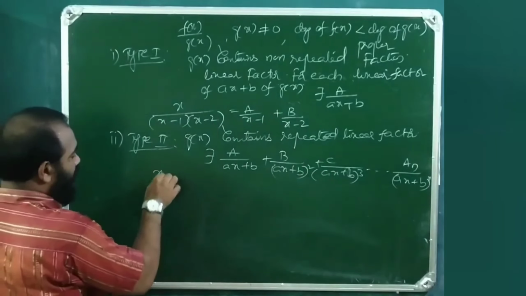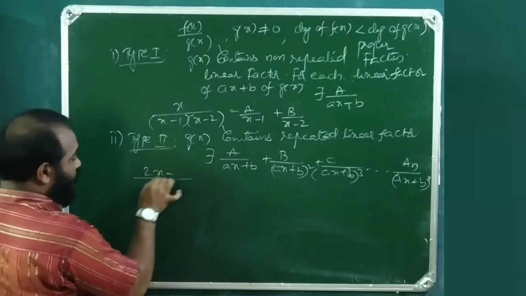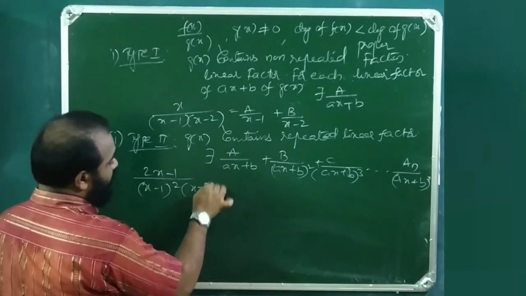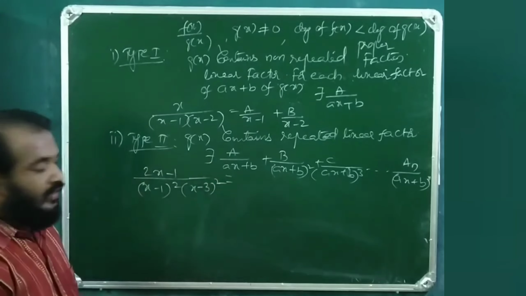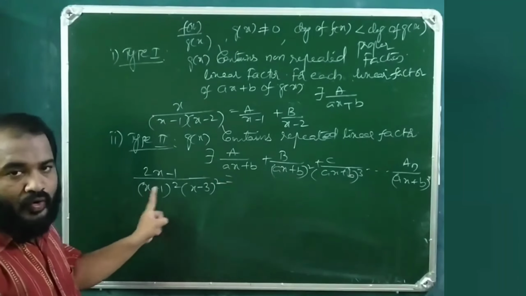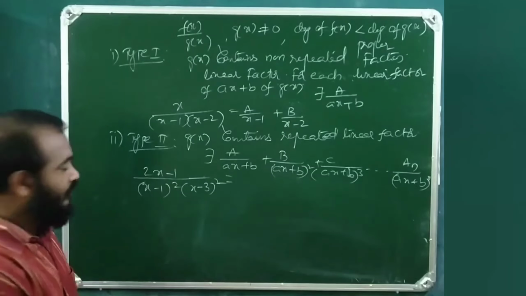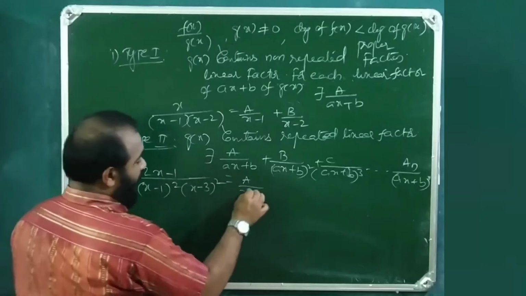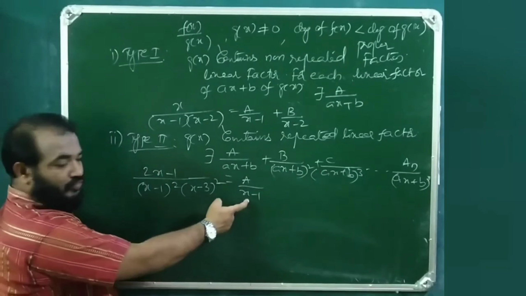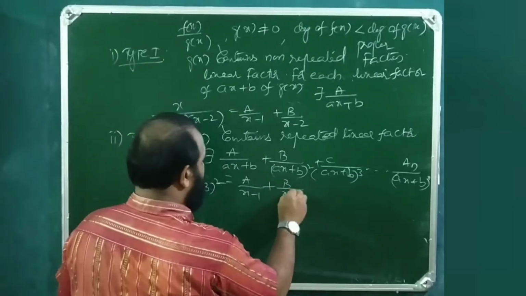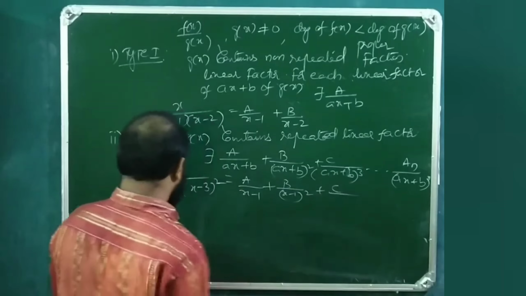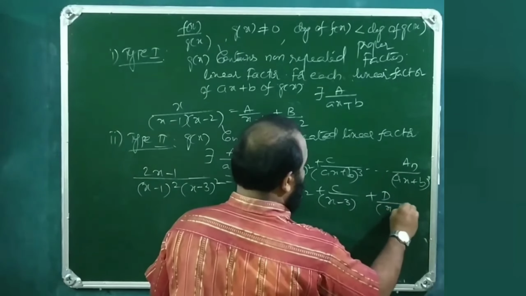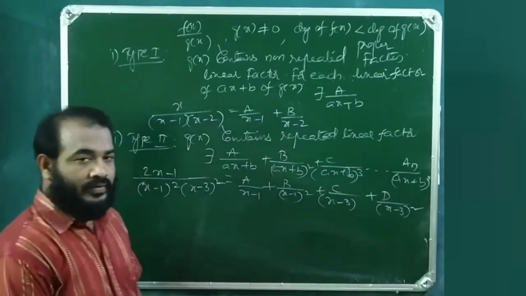So for example, (2x minus 1) by (x minus 1) whole square into (x minus 3) whole square. Here, this is of the form (ax plus b) whole square. This is a repeated linear factor. So for every repeated linear factor, that corresponds to A by (x minus 1), plus B by (x minus 1) whole square, plus C by (x minus 3), plus D by (x minus 3) whole square, and so on.